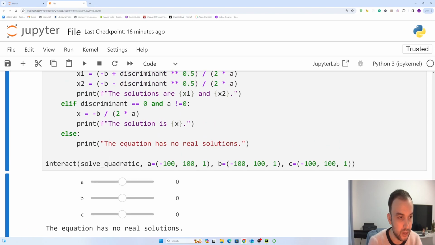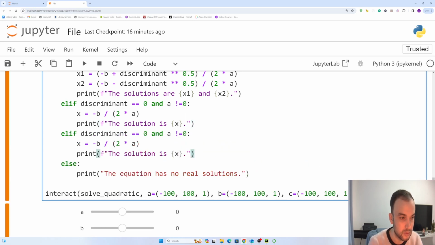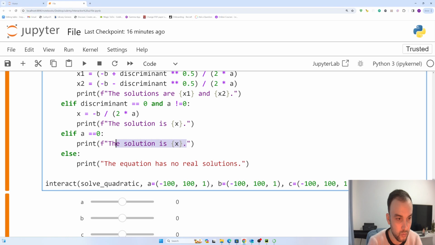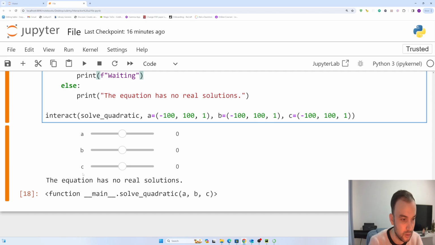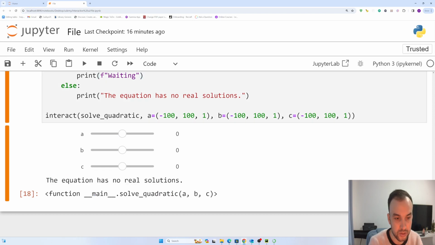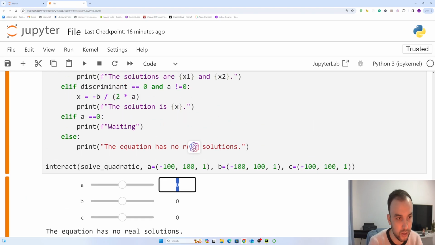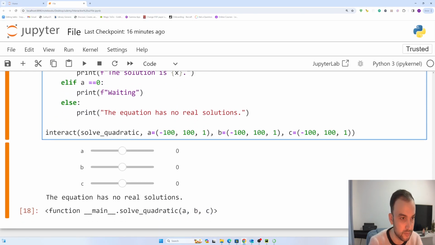And we also can put, when a equals 0, we can just print waiting here, because the equation has no real solution. Okay, it's also correct, but we can put this one.